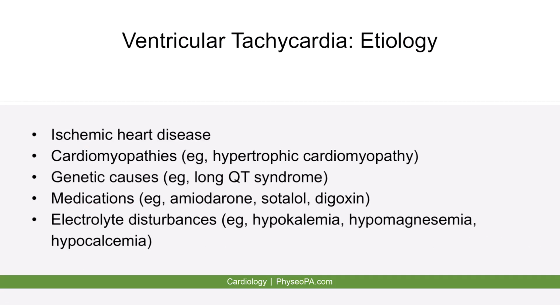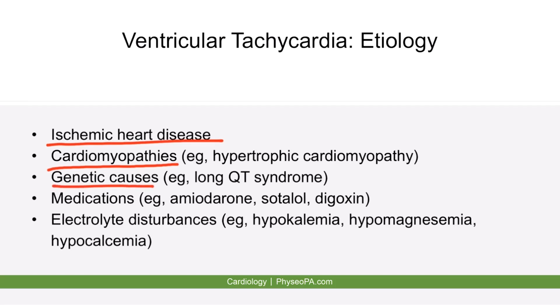Let's look at the various etiologies of ventricular tachycardia. Ischemic heart disease and non-ischemic cardiomyopathies like hypertrophic cardiomyopathy can lead to ventricular tachycardia. Ischemic heart disease could be due to cardiac scar from prior myocardial infarction or surgery, or it could be due to chronic angina.